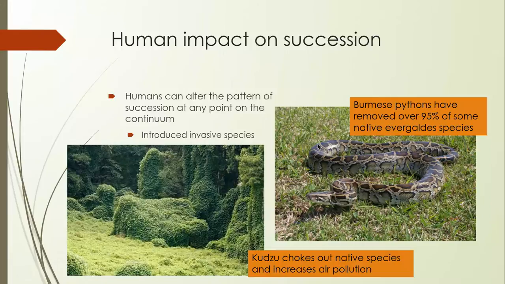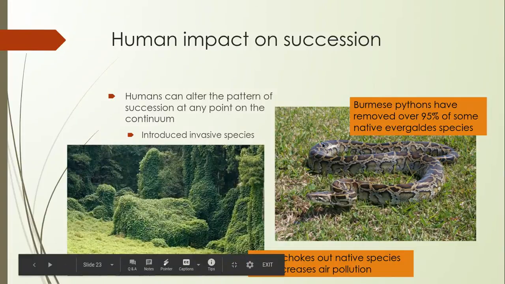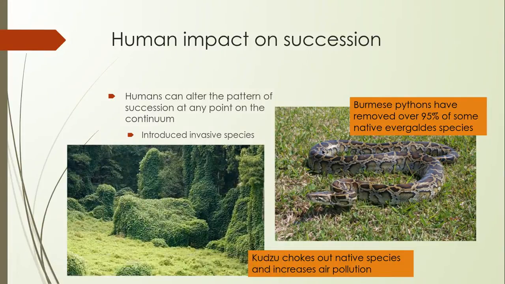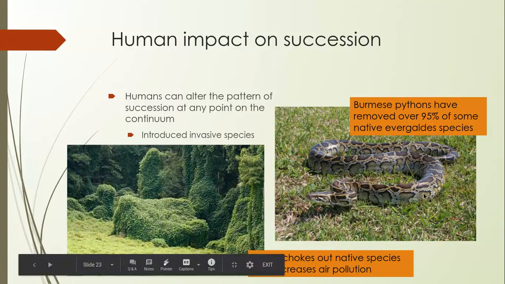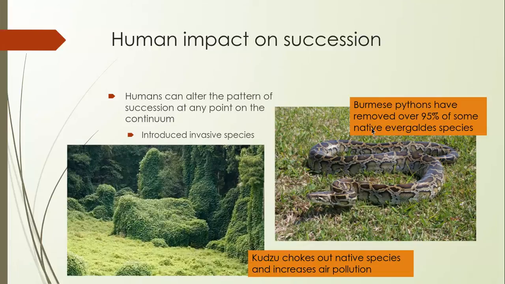In Florida, where I'm from, we've got a major problem with people buying large snakes and then realizing, I don't really want to deal with this. So they just put them into the Everglades and set them free. And so now there's a big problem with these pythons, which are not native, outcompeting some of the more native species, right?